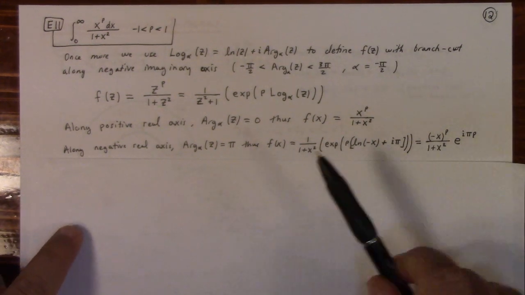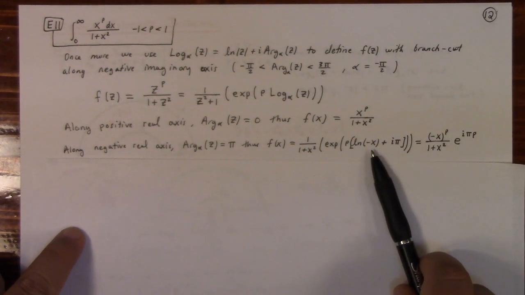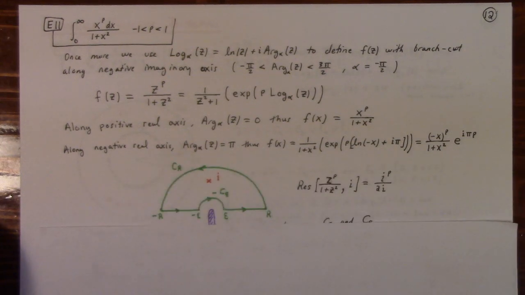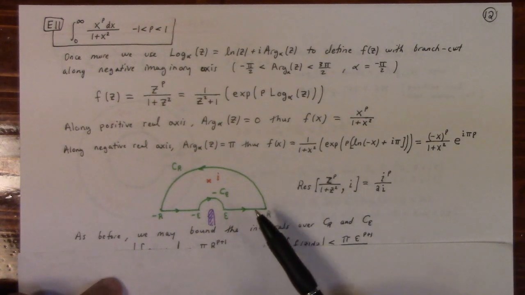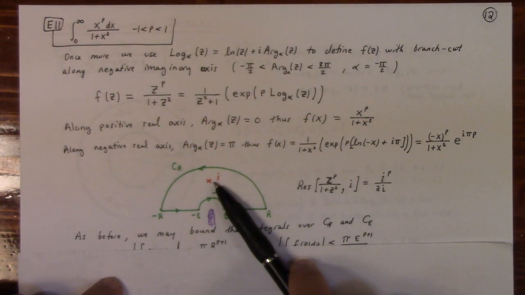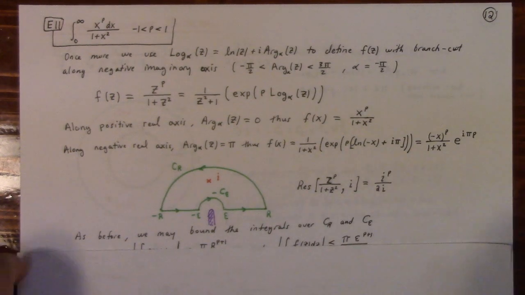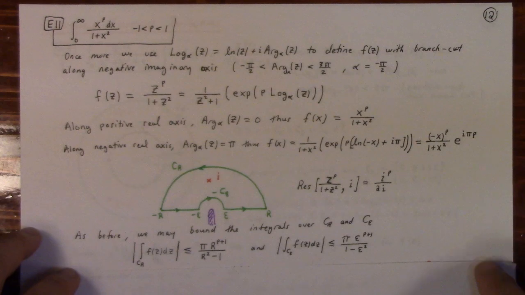See, because if x is less than 0, then the modulus of x is minus x. That's why that's there. Anyway, same song and dance. Well, a little bit different. Here we have a residue at i, so that gives us i to the p over 2i. And then the integral over the half circle.